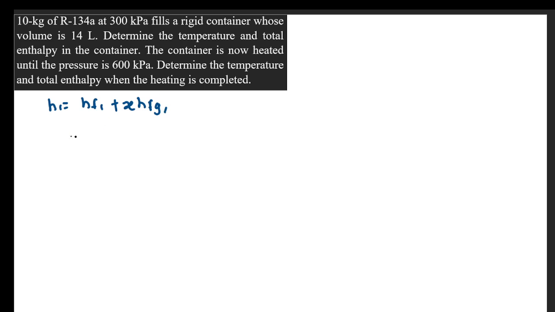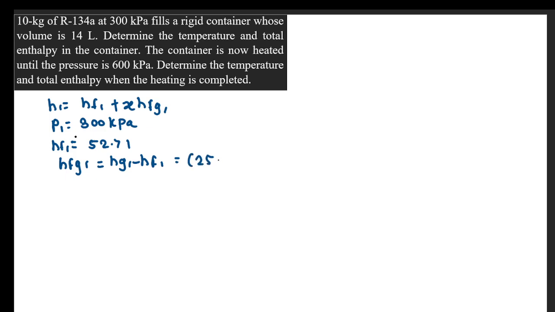In the R-134a table, for P1 equal to 300 kilopascal, you will get Hf1 around 52.71, and Hfg1 is Hg1 minus Hf1, which is 250.88 minus 52.71.